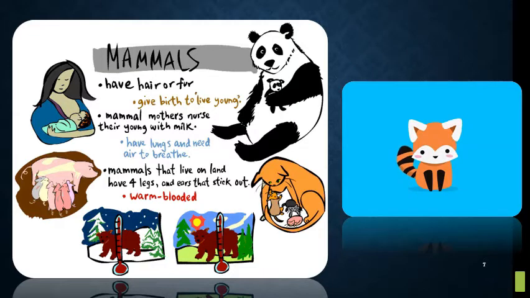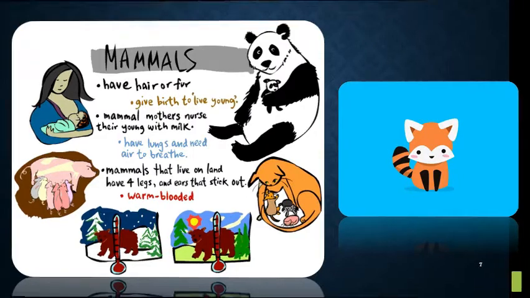Also, we have lungs and need air to breathe. Mammals that live on land have four legs and ears that stick out. And we are also warm-blooded. What did I say, we? Because we are part of mammals, kids. Let's continue.